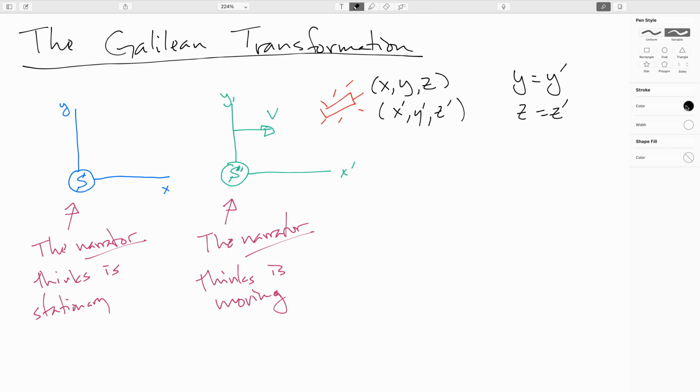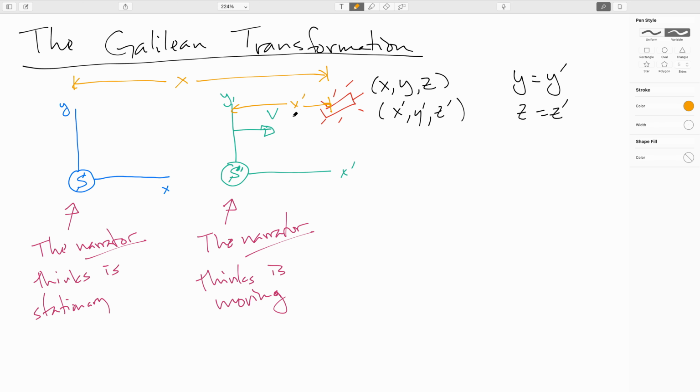However, they will disagree on the X coordinate of the firecracker. This distance here will be X, but here, this is where X equals 0 is going to rest for S prime. So that distance will be X prime.